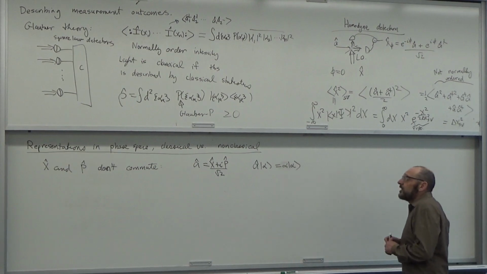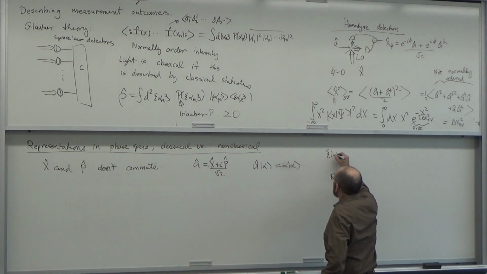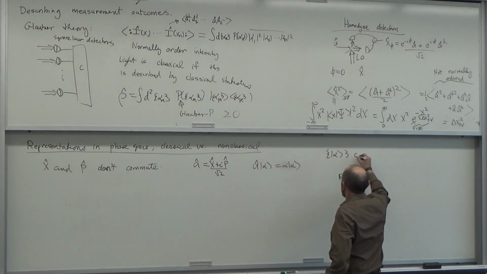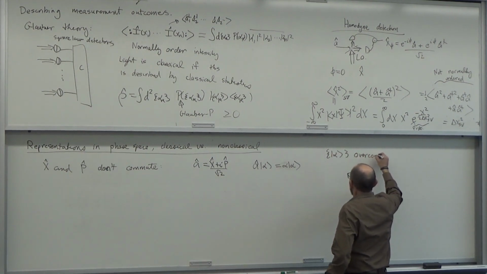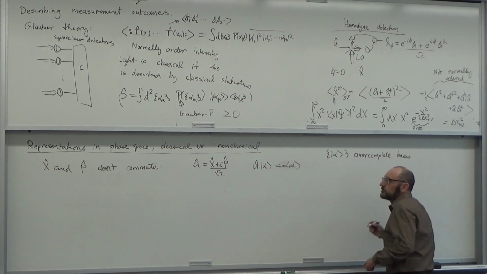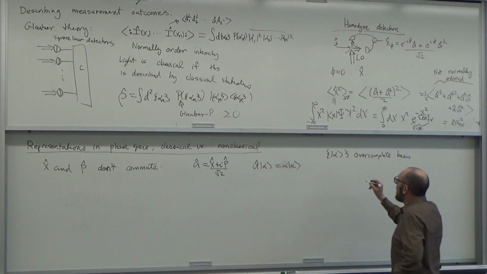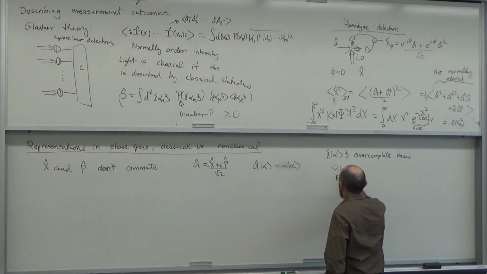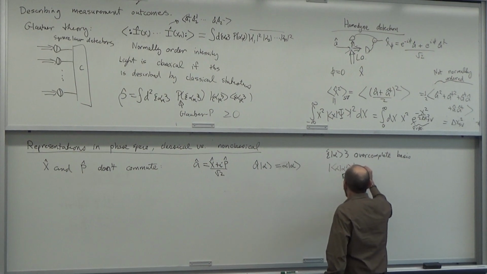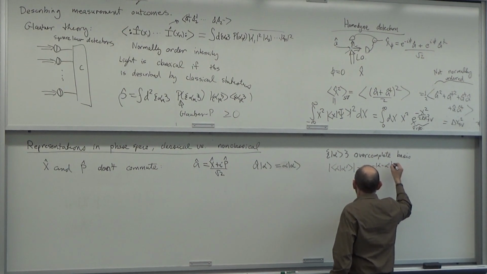Nonetheless, I don't remember if we showed this for homework or not, this represents what we call an overcomplete basis. They're overcomplete because they're not orthogonal, right? These guys, if I look at the magnitude, they have an exponential overlap, right?